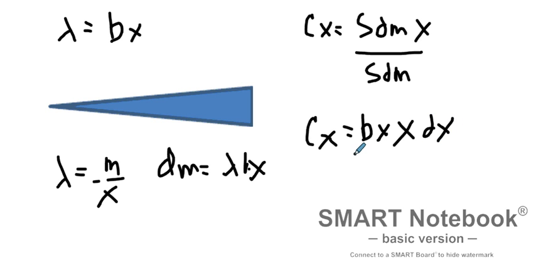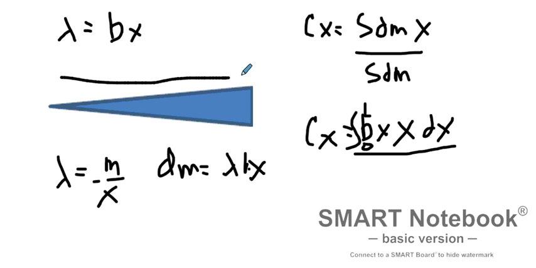That's going to be an integral from 0 to L, if this is our length L. And I'll divide this by the integral, which is just going to be dm then, right?